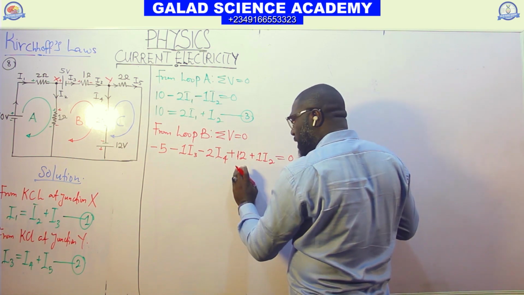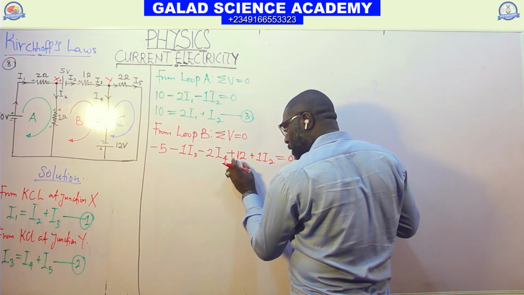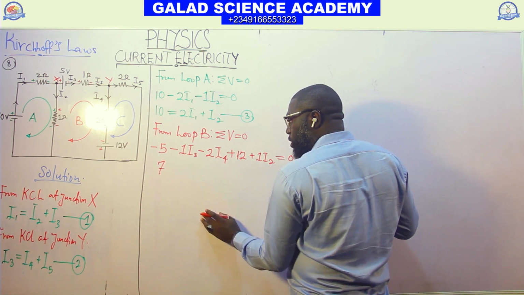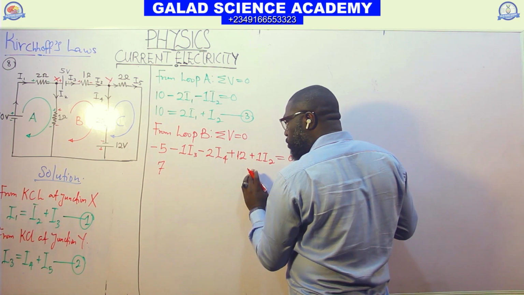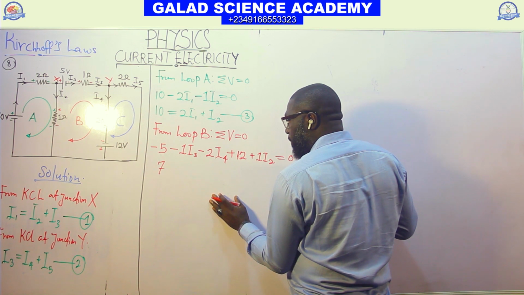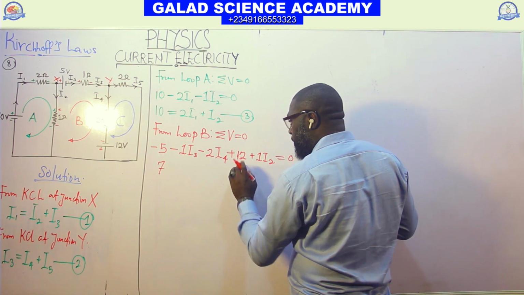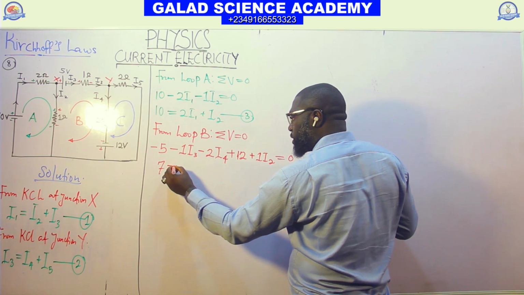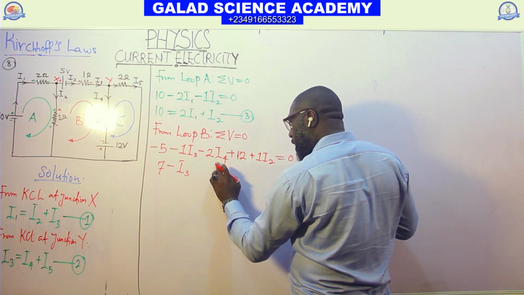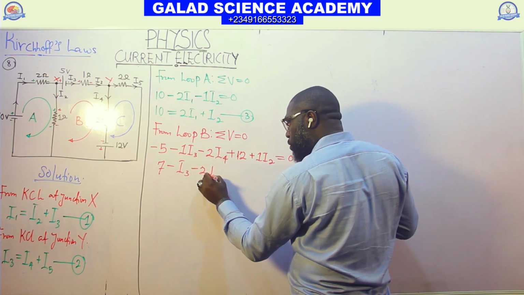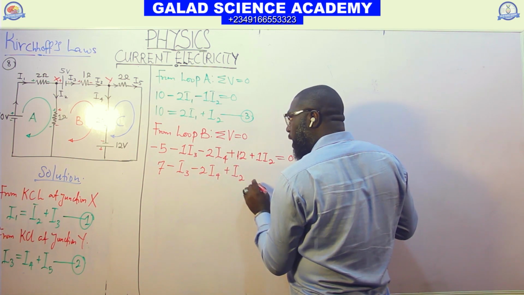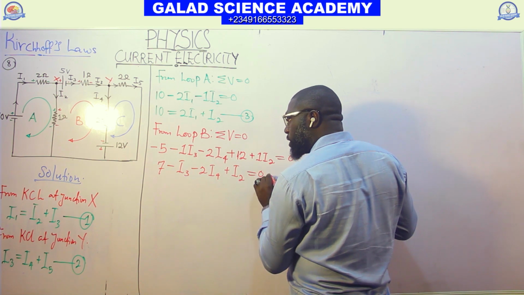So by adding it together here, 5 minus 12, or 12 minus 5, it will give us 7. So we have I2, I3. You are left with I3, this I2 minus 2 I4 plus I2 equal to 0.